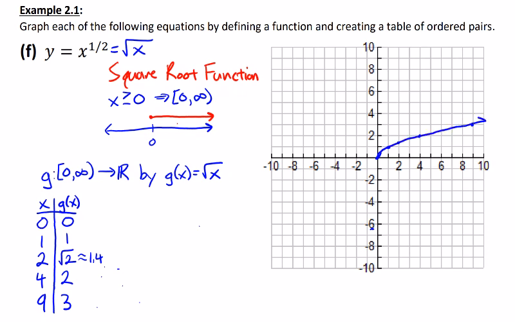And it's a curve that actually looks a little similar to the squaring function, just on its side. And that's not a coincidence. The squaring function and the square root function have a special relationship, and we'll talk about that relationship closer to the end of the semester, but it's not a bad thing for us to go ahead and start recognizing some of the patterns in the shapes, and this is called the square root function.